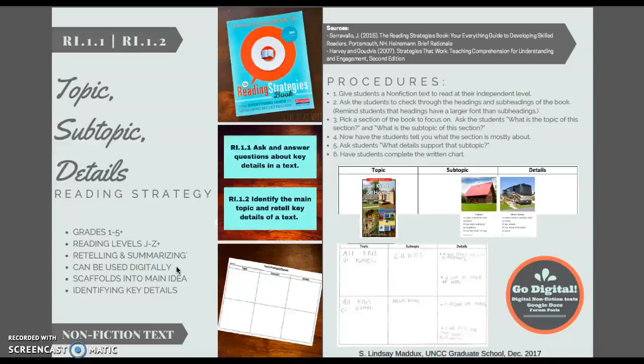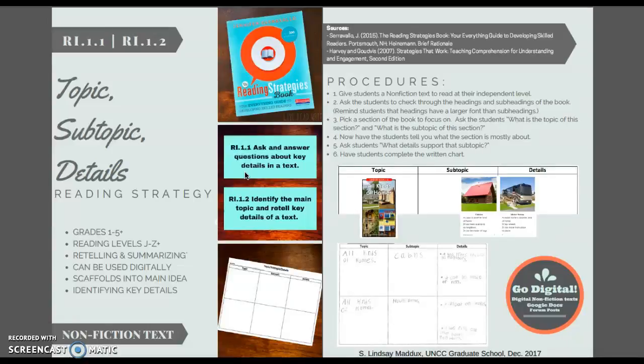It can also be used digitally, which I'll go into. It does scaffold into main idea and identifying key details as well. Specifically hitting the standards RI 1.1, ask and answer questions about key details in a text, and RI 1.2, identify the main topic and retell key details of a text.